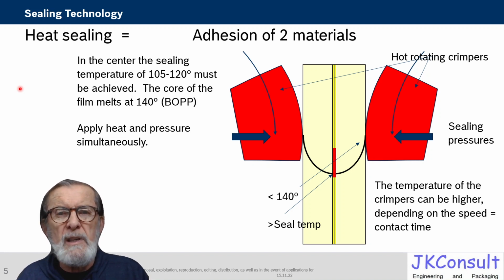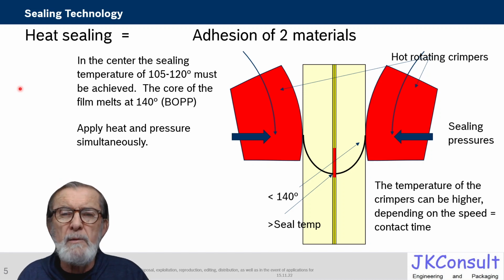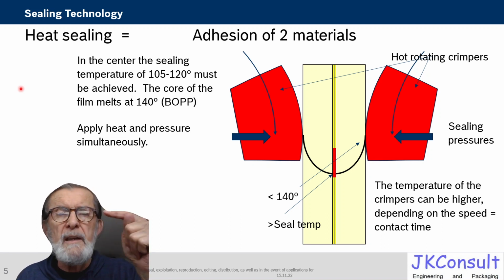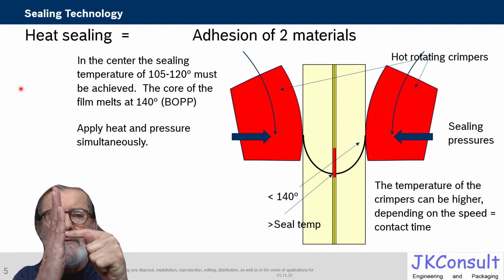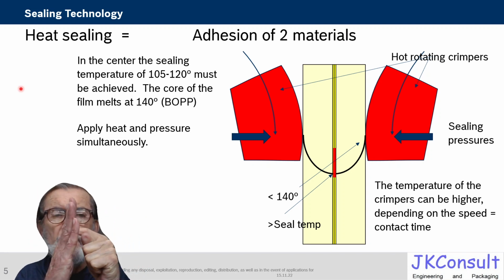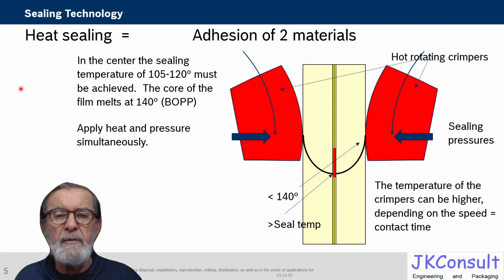So on the outside you can apply something up to 140 depending on the speed you're running. Very important, you need a certain time to transport the energy through the film. So I have to get through from the outside and it has to appear at the inside of the film.